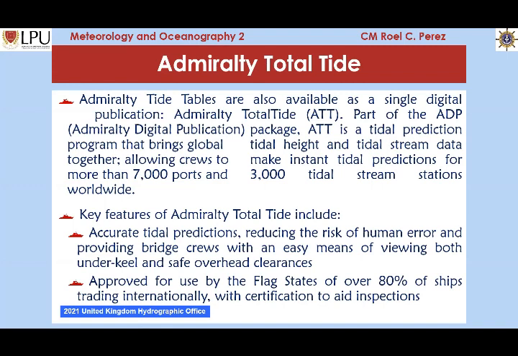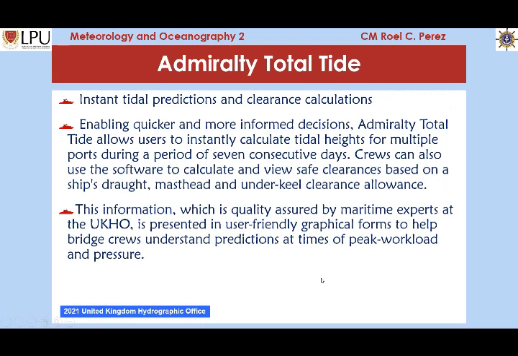Now, the Admiralty Total Tide is approved for use by the flag states of over 80% of ships trading internationally, with certification to aid inspections. Instant tidal predictions and clearance calculations, enabling quicker and more informed decisions.